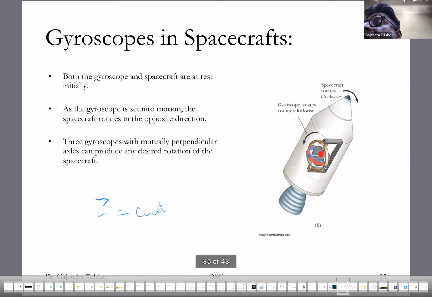If you want to turn the satellite in this direction, you send an electrical signal, spin the gyro in that direction, and the satellite will turn in the opposite direction. When you want to stop the turn, you just stop the gyro, and the satellite will stop. If you have three gyros that can rotate in three independent directions, you can turn the satellite any way you like. So that's the idea.